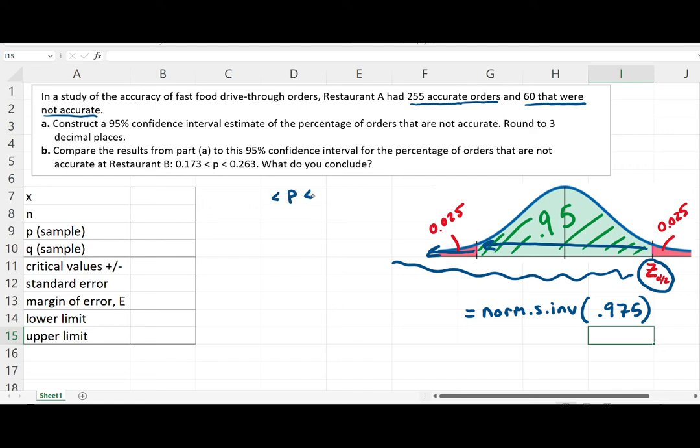The true proportion is somewhere between the sample proportion plus or minus the margin of error.